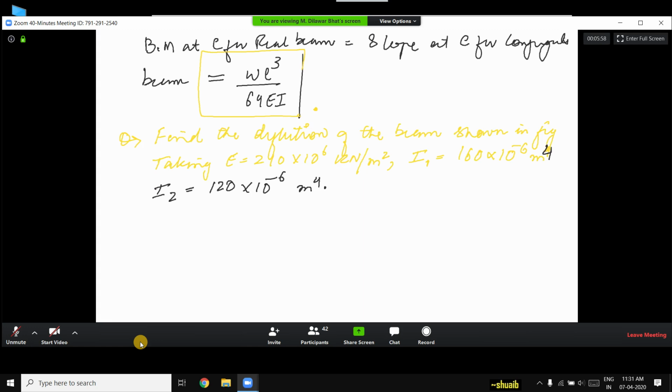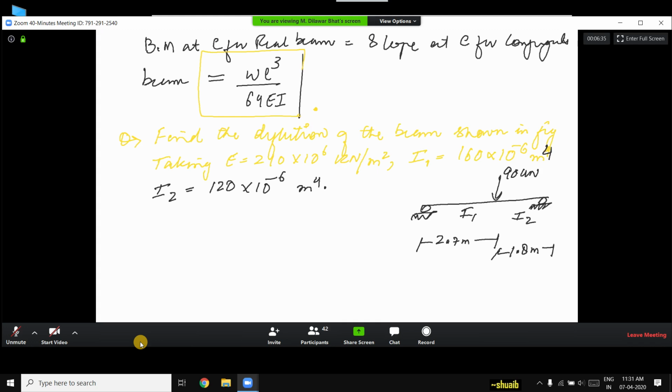It's a simple problem. Simply you have this beam which is having two loads and a point load of 90 kilonewton, and this is your I1, this is your I2, and the distance is 2.7 meters from this point, and it is 1.8 meters for this portion.